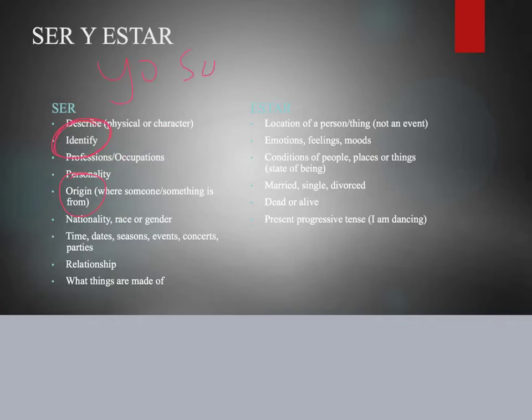So yo soy de Panama would be identifying where I'm from. I use the construction ser plus de to say where I'm from. I'm going to use ser to describe nationality, race, or gender, such as yo soy mujer, or yo soy americana.